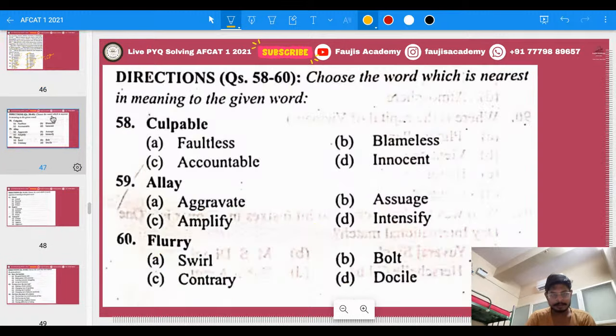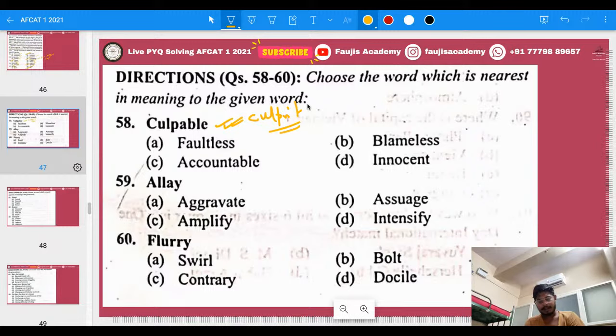All right, guys, let's go ahead. Meaning, nearest meaning, synonyms: culpable. Culpable comes from the word culprit. Culprit means guilty.